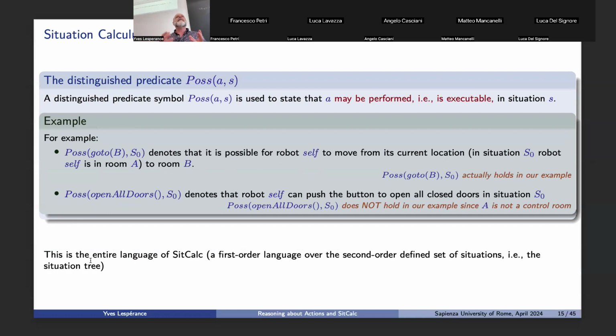So this is how you can represent the dynamics, the changing state, in this language. Essentially, you have these terms that represent situations, or kind of state with a particular history. And you can say this predicate is true for this argument in this situation, and it's false for this argument in this other situation.